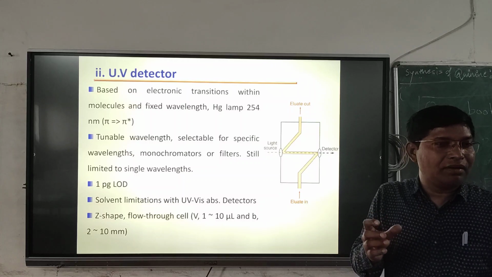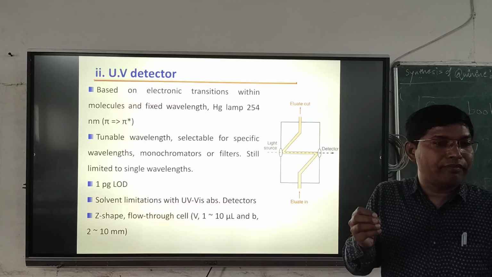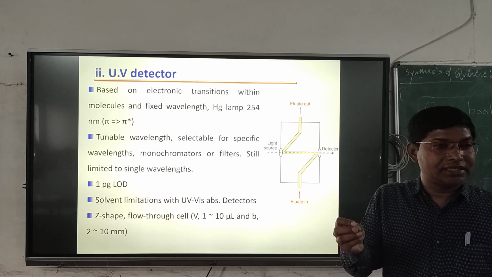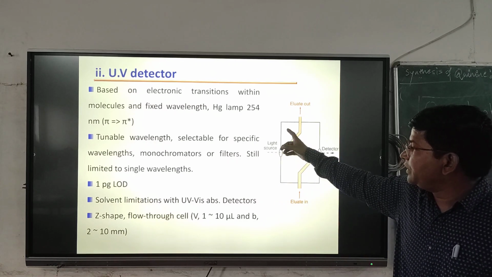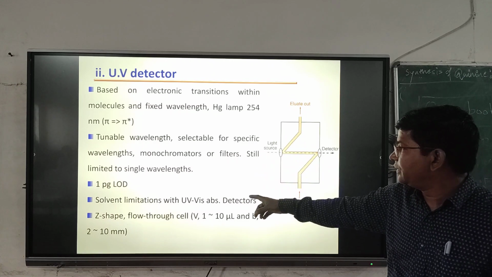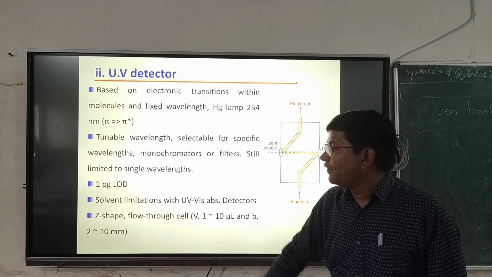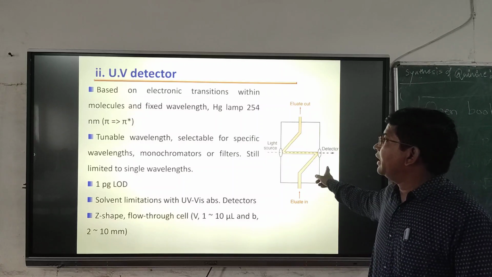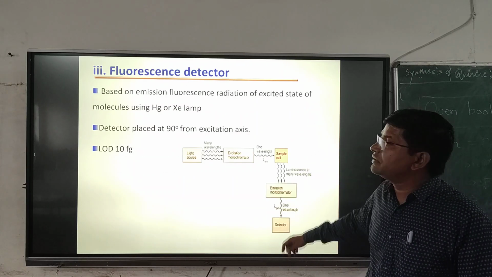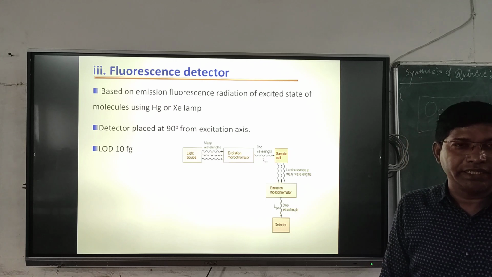Almost all organic compounds have an electronic transition, and based on that the compound is detected, and we can detect 1 picogram of a compound in a UV detector. So this is the working principle of a UV visible detector.